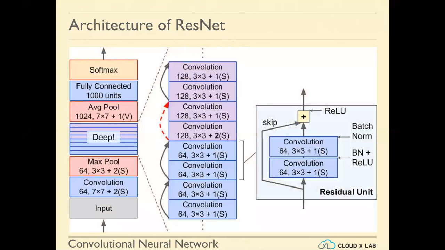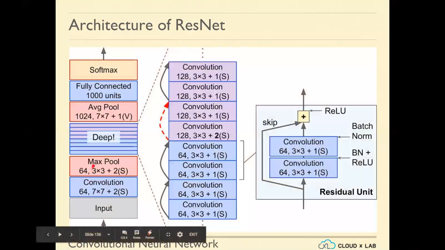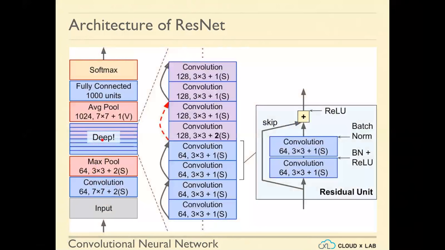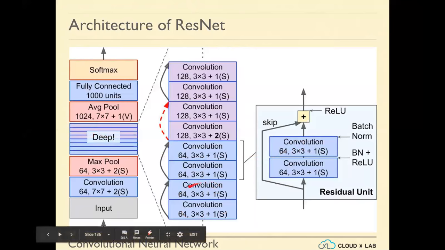So we have input, then we have max pool, convolution, max pool, then there's a deep network, then average pool, fully connected, and then softmax. Except for the dropout, everything is the same as GoogleNet, and a deep network of residual units.